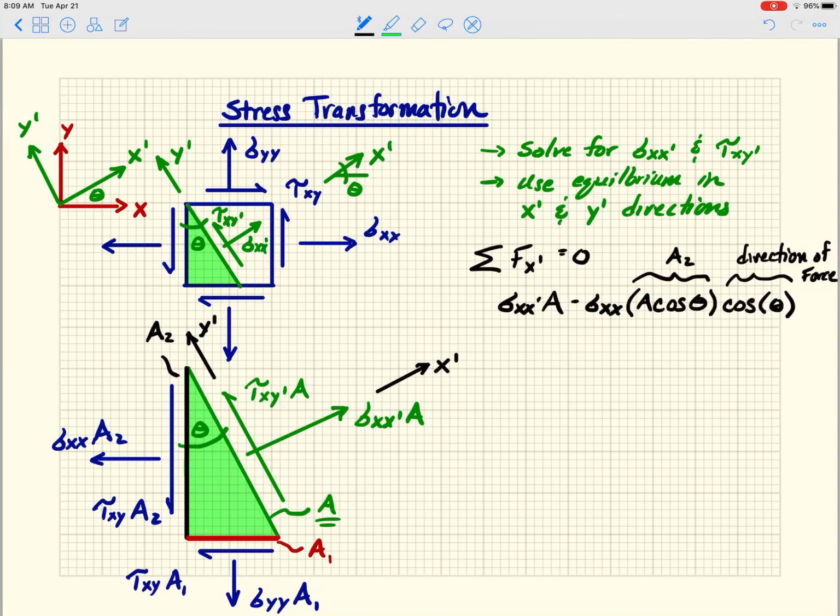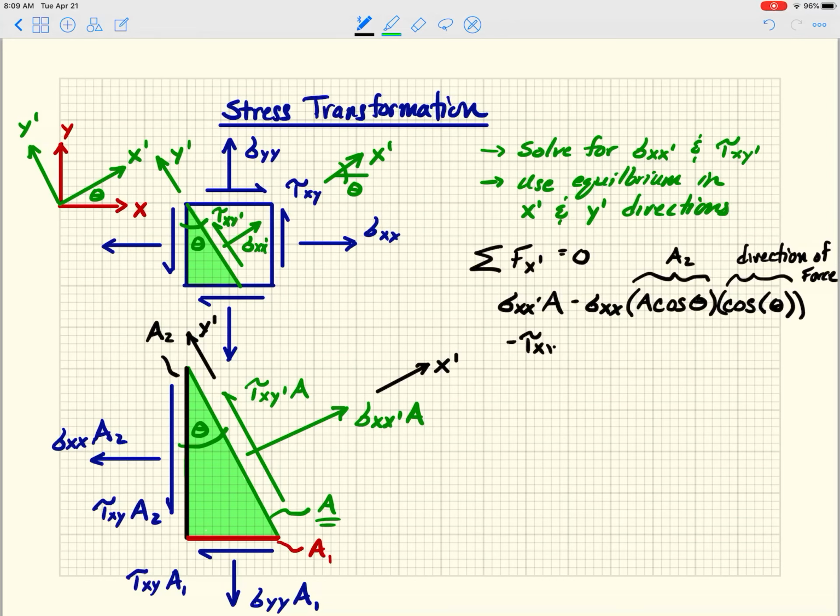Direction of force. So I correct first for the area, and then I correct again for the force. So there are two cosines here, not just one. Let me put parentheses around that whole thing.